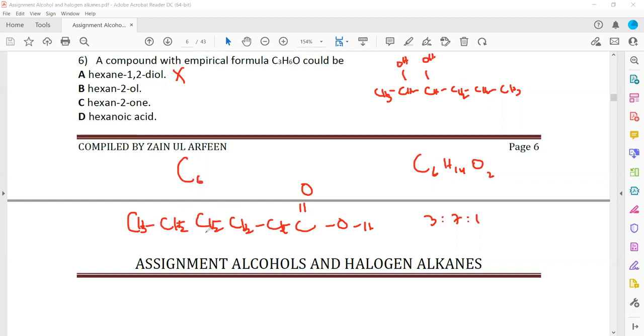Total hydrogen is 12, and oxygen is 2. So when we simplify 6, 12 and 2, the simplest ratio is 3, 6 and 1. So the empirical formula of hexanoic acid is C3H6O. That's why option D is the right answer. Is it clear?